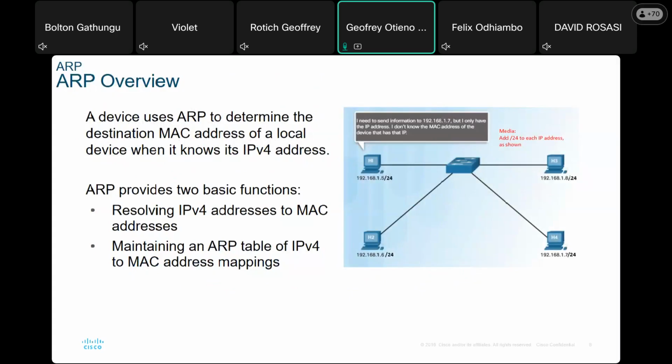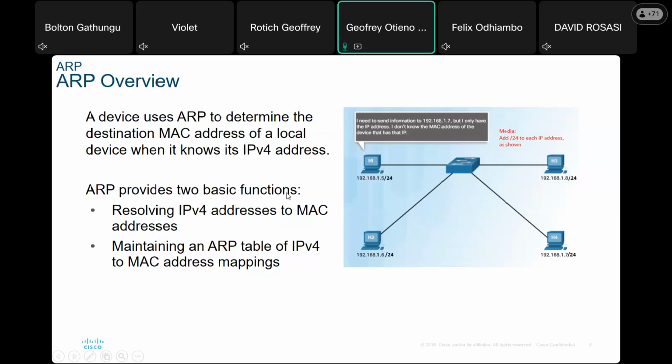Now, what is the importance of this protocol, ARP? As you can see, a device will always use ARP to determine the destination MAC address of a local device when it knows its what?